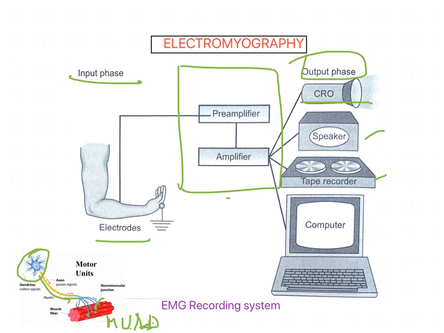In the processor phase, the small electrical signals are amplified. In the output phase, the electrical signal is converted into visual or auditory signals so that the data can be displayed and analyzed. This is the EMG recording system.